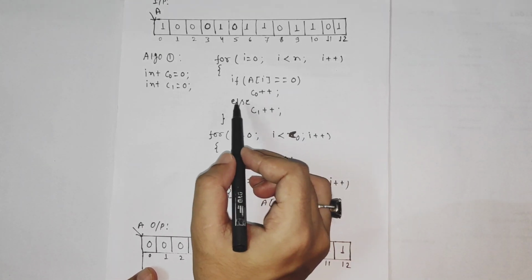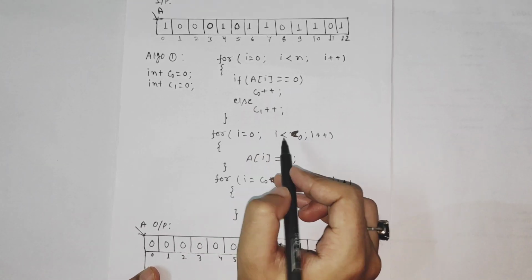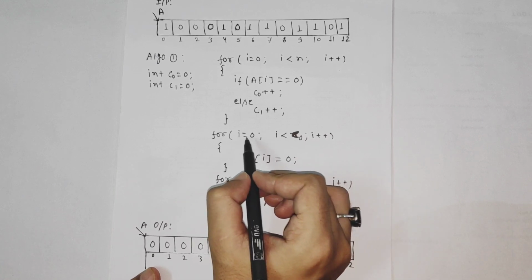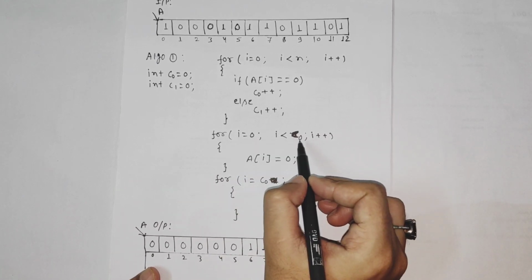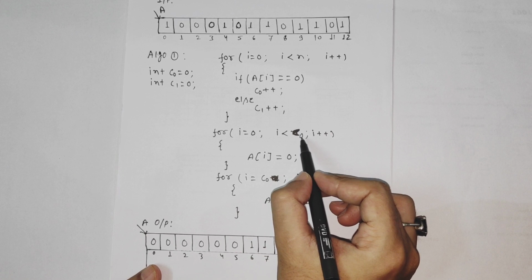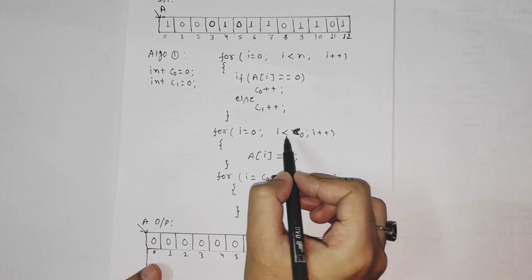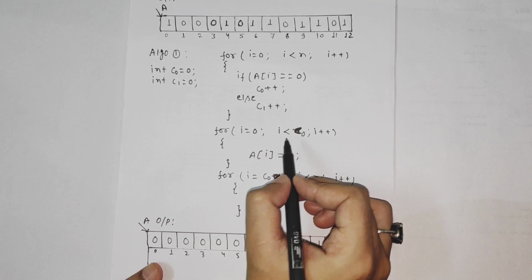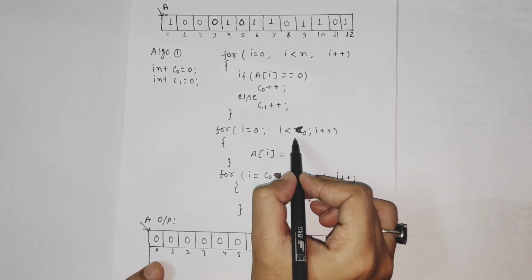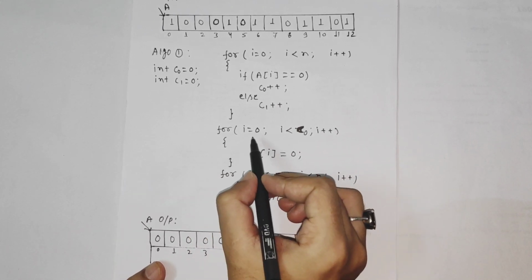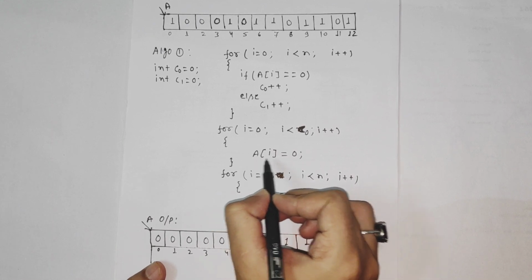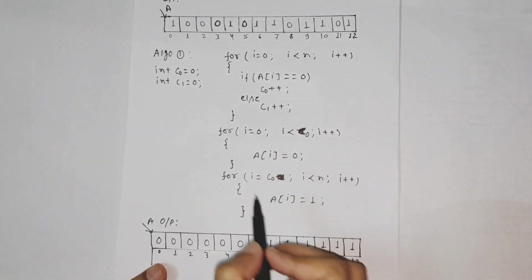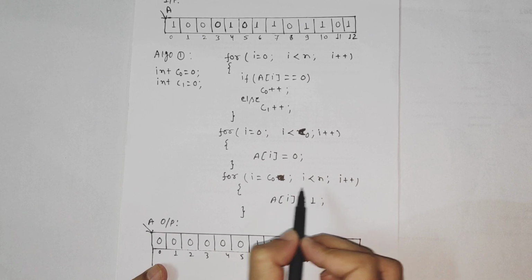After that, we will take another for loop. In that for loop, we will start from 0 and traverse up to C0, because C0 represents the number of zeros, and we will start filling the zeros in the array. After that, the remaining elements will be ones.